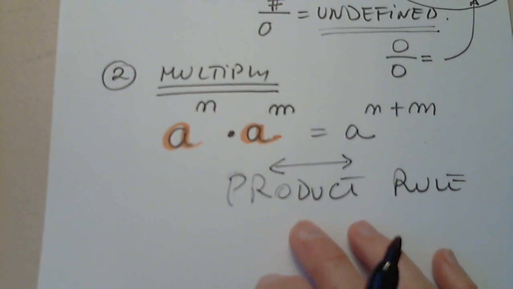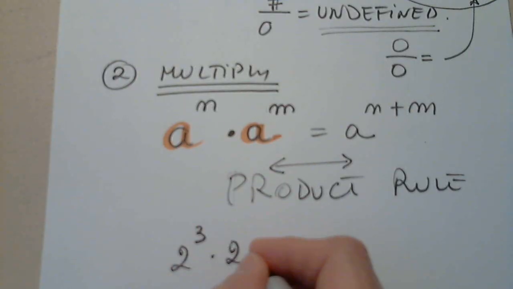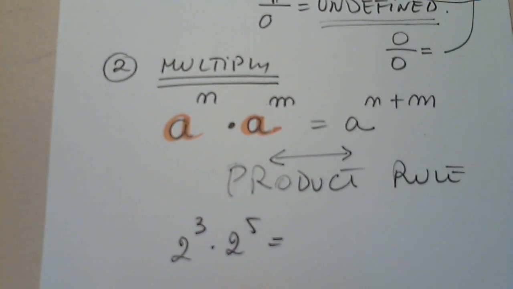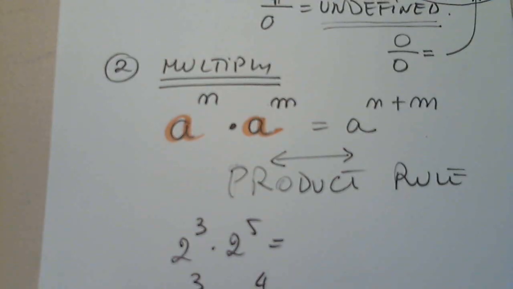So here's an example. 2 to the third times 2 to the fifth, or x to the third times x to the fourth. Can anyone give us the answers?